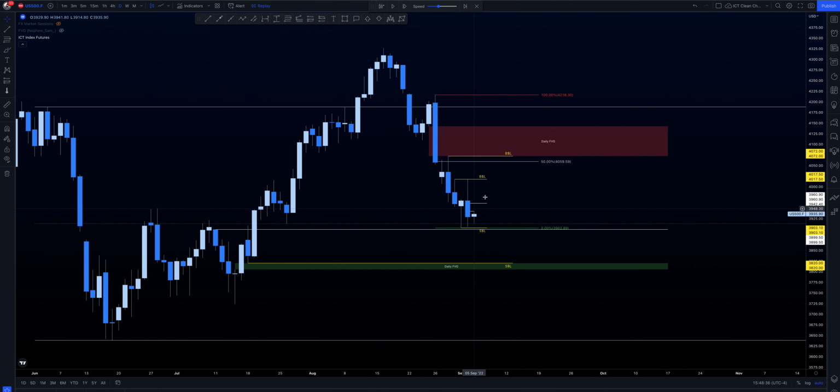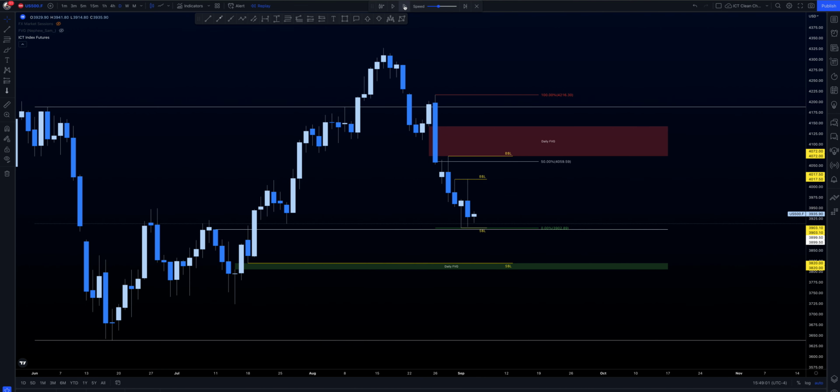So if we are wanting higher prices from here, expect a sweep of the sell side liquidity. Then I'll delete these because that's the lower time frame. Then we've got buy side liquidity here and here. And if we broke and came back in to reject this level, then this would have been the next downside objective towards the end of last week.